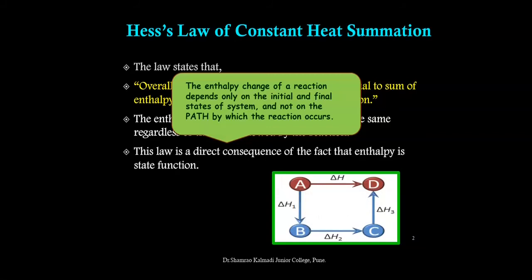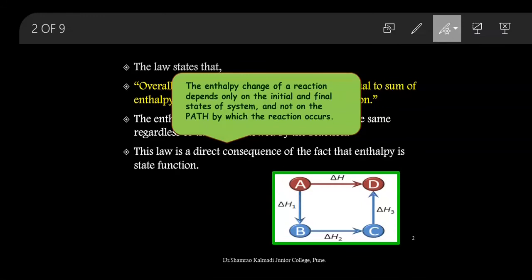When a reactant changes from A to D, the enthalpy change related to the reaction is delta H. A can be converted to D in 3 steps: A converting to B, B converting to C and C converting to D. Then, according to this law, the value of delta H can be calculated as the sum of the enthalpies H1, H2 and H3.